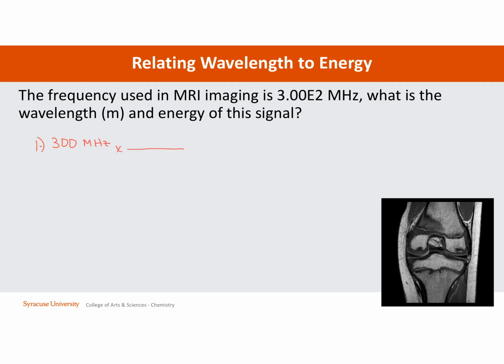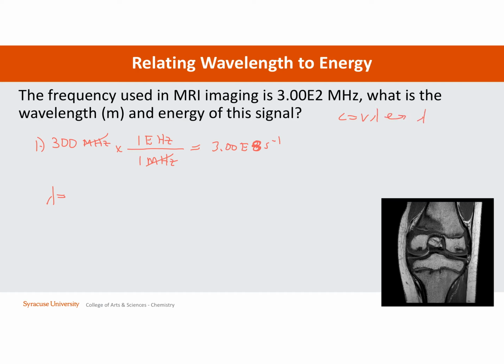I need to know that for every 1 megahertz, I have 1,000,000 hertz. So that cancels out, and I have 3 e to the 8th hertz, which are cycles per second, inverse seconds. I can calculate the wavelength now because I know the speed of light equals frequency times my wavelength.